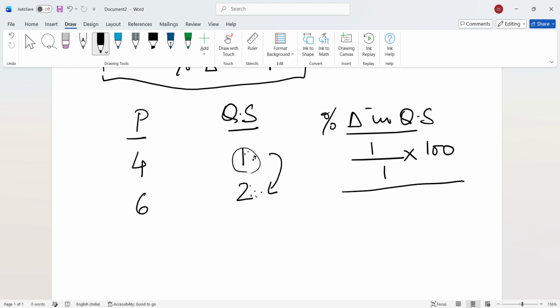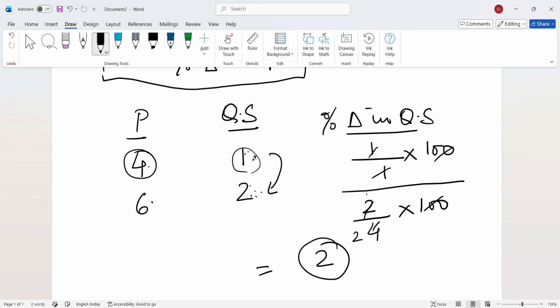Then divided by the percentage change in price. Percentage change in price is what? 6 minus 4, that's 2, divided by the original price, which is 4, into 100. You just calculate this, so that's gone, that's gone. You get 1 by 1 over 2 out here, so that's 2. So 2 is your price elasticity of supply here.